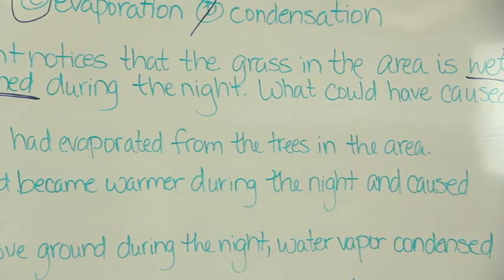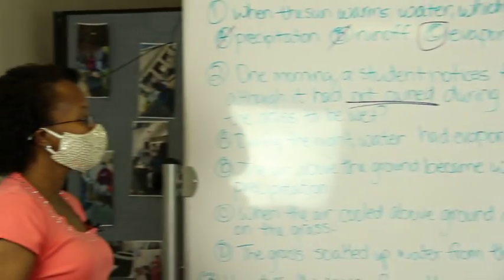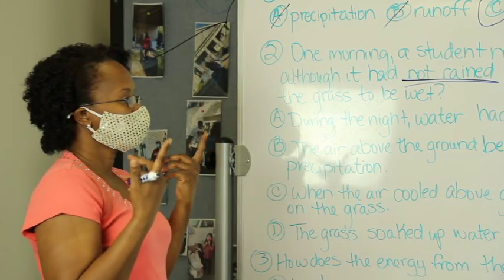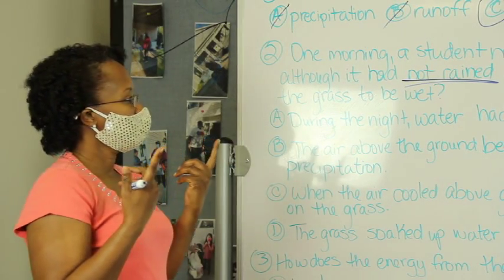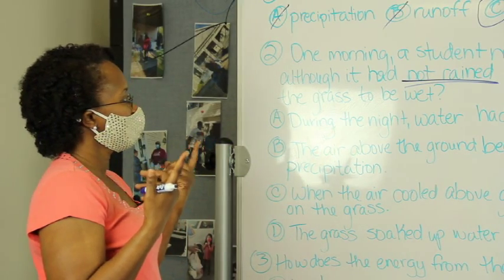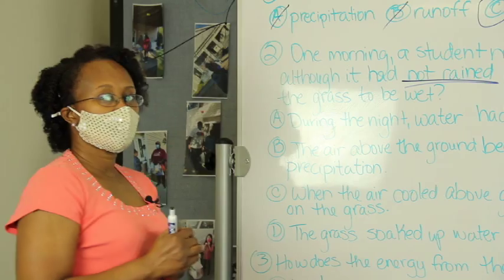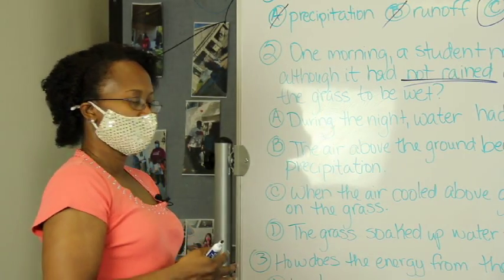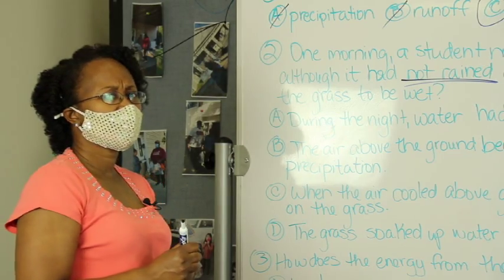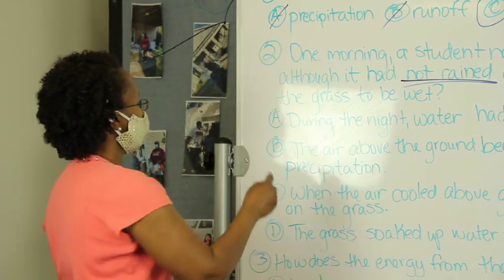If water evaporates, that means it's warmed and rises from the trees. Would that make the grass or the ground wet? It probably wouldn't because more than likely at night it's going to be cooler. There's no sun out. So I would say no to that one.